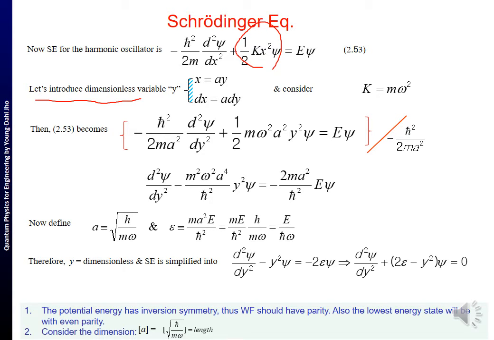Let's introduce a dimensionless variable y because x has a dimension, so we want to change this into a mathematical equation. So this is actually a physical equation. We have dimensions here and here. Energy also has a unit. So we set x equal to a y, and then dx should be a dy. We put this in here.